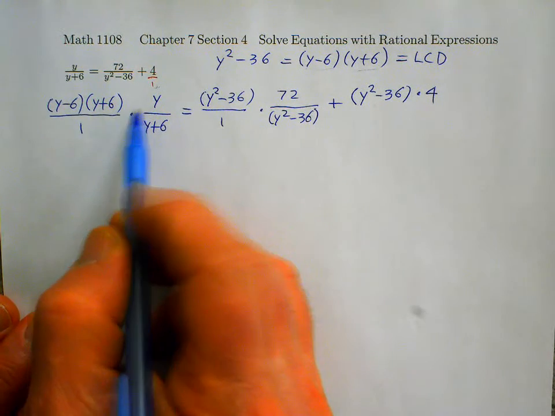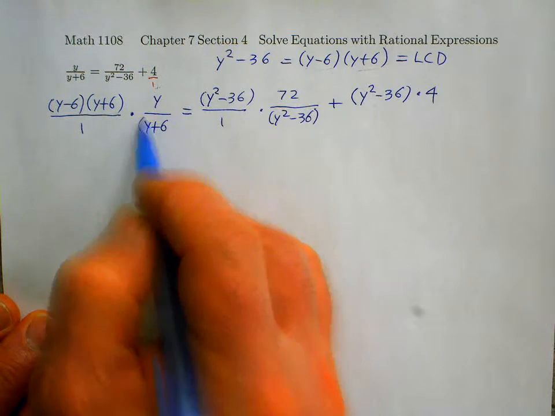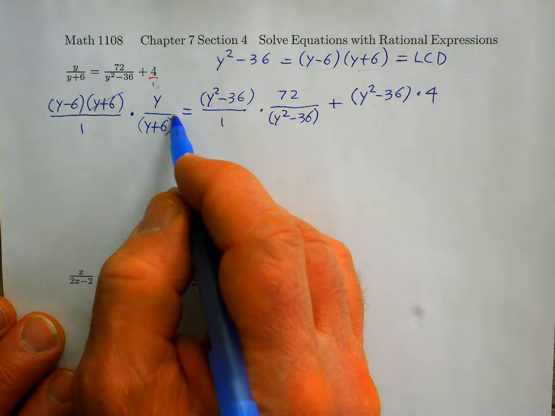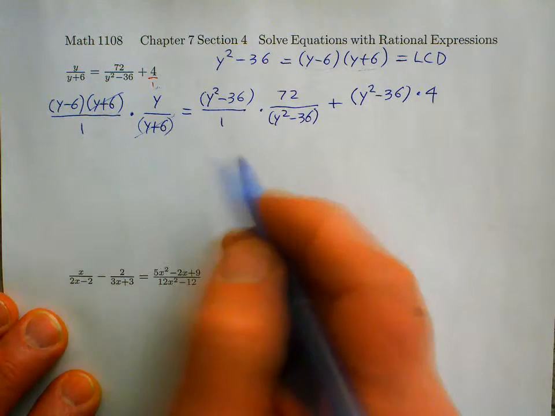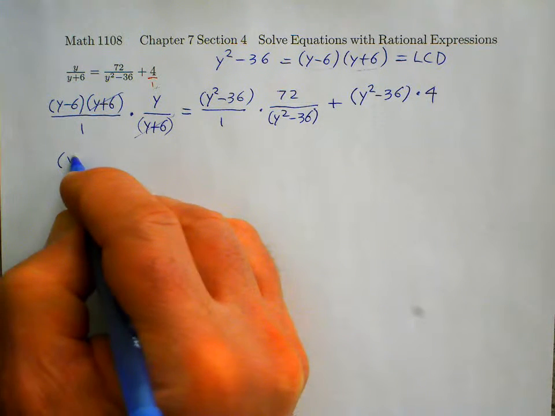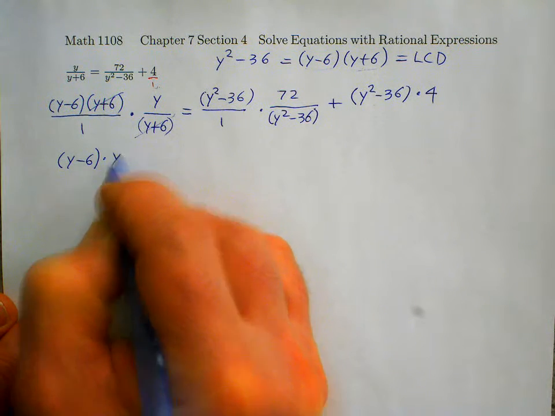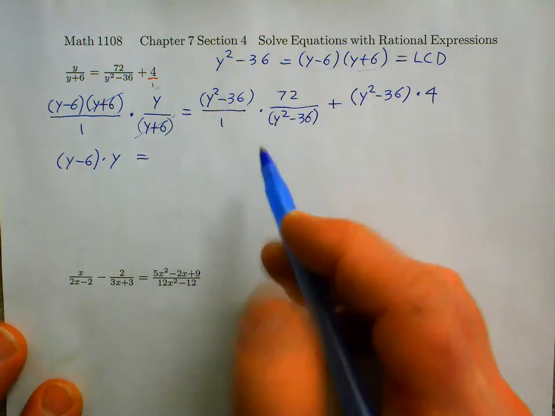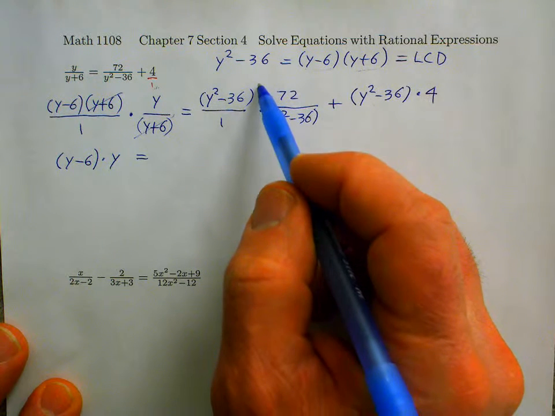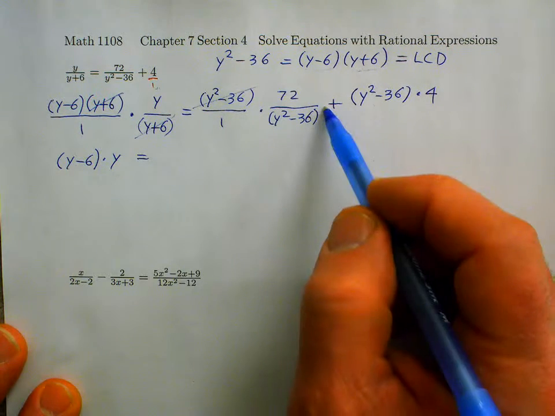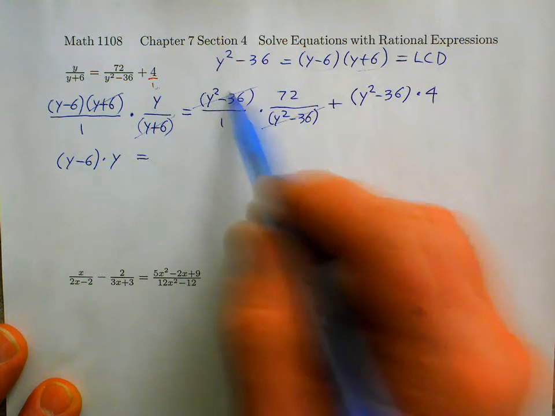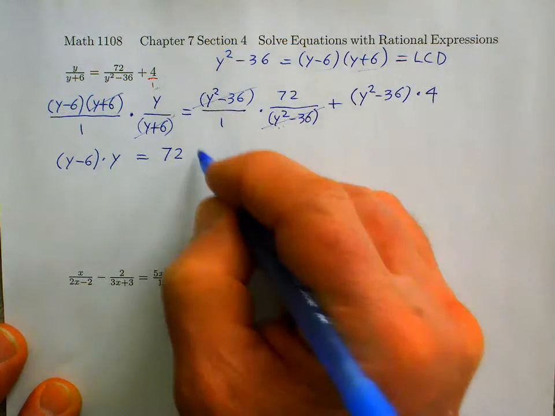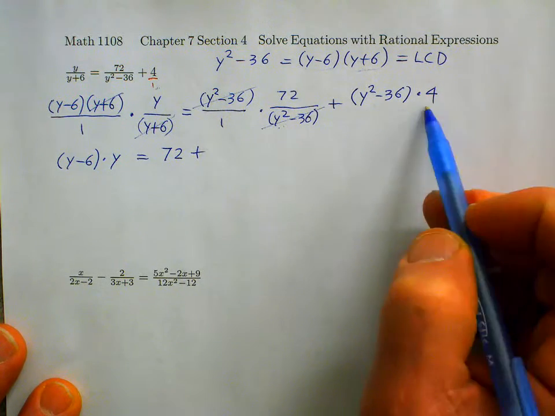On the left-hand side, we get a cancellation. The y plus 6 binomial factor from the numerator divided by y plus 6 from the denominator. Those cancel. And we're left with y minus 6 times y. On the right-hand side, the first product, y squared minus 36 divided by y squared minus 36 equals 1. So those cancel. So we're left with 72. And on this one, we don't get a cancellation.